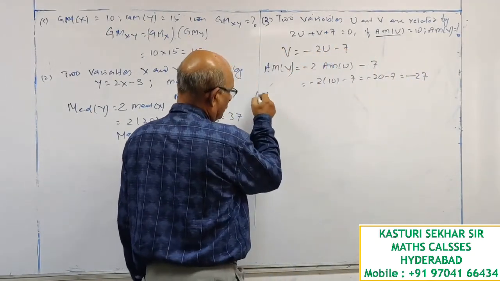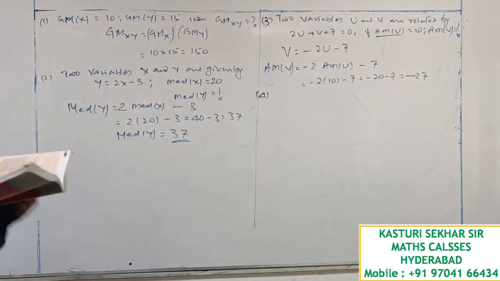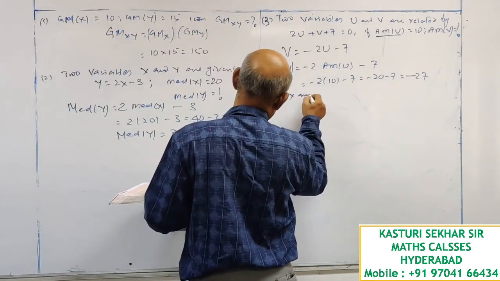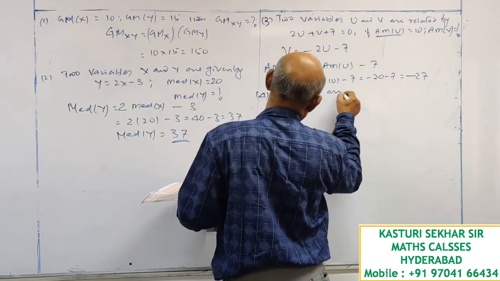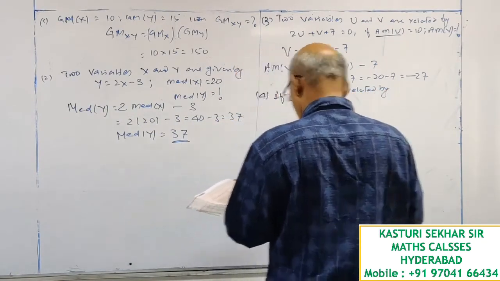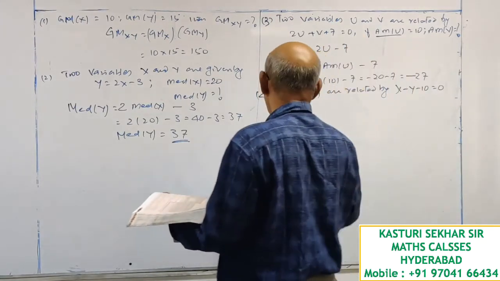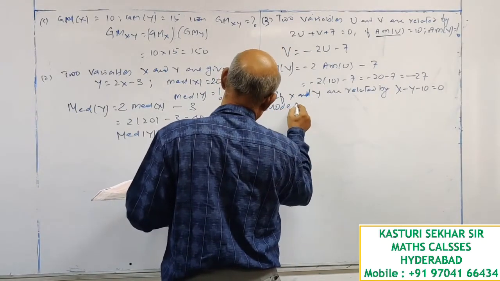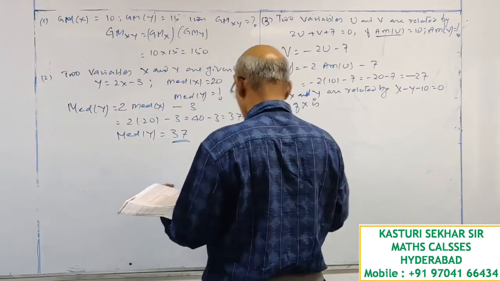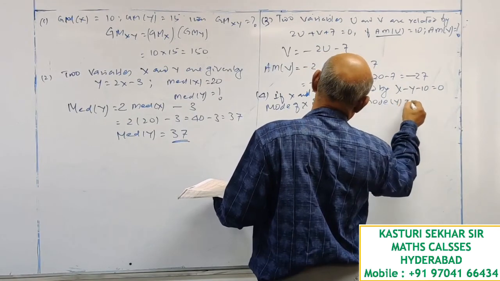Next question number 4. If x and y are related, and mode of x is 23, then mode of y is equal to question mark.